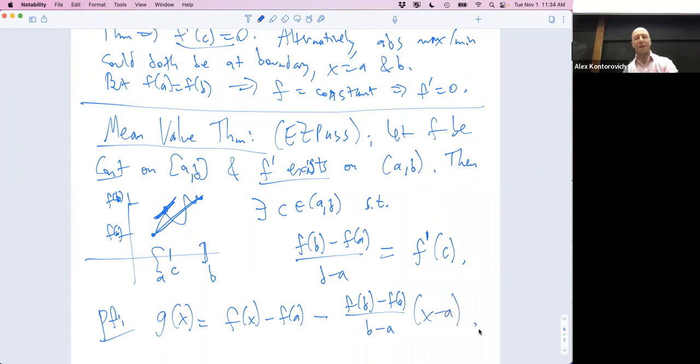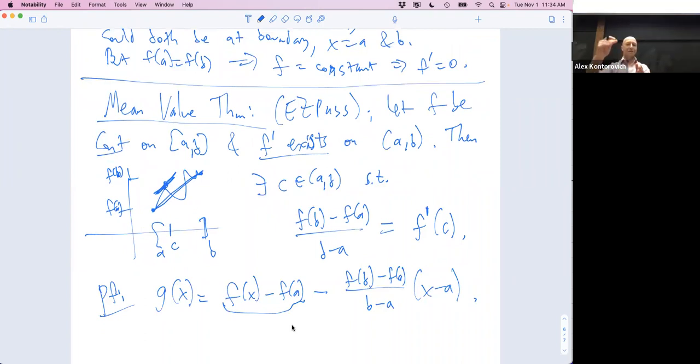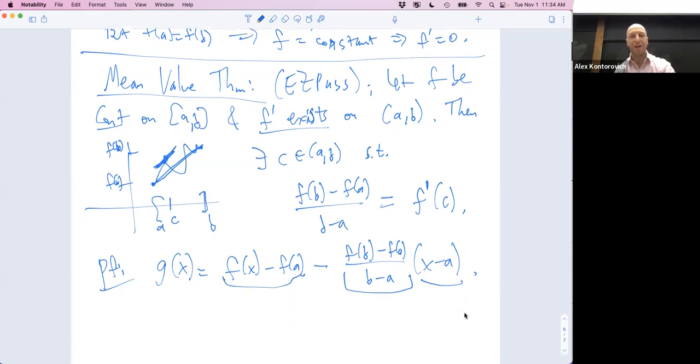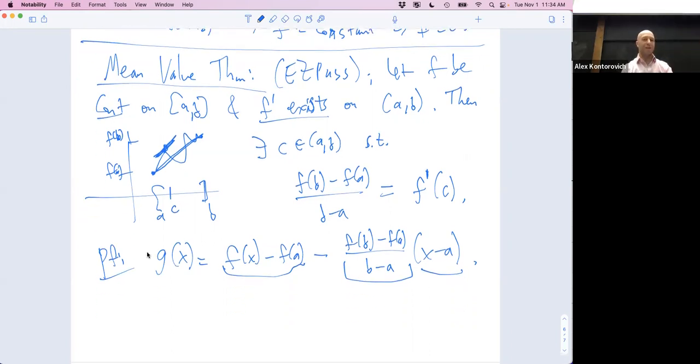Okay, it looks a little complicated. I'm going to see how much progress I've made from f of A, and I'm going to change it by the slope, this average slope, times how much time has gone by. That's the intuition behind this function. But never mind, we just said, let's define this function. What is the value of this function at A?